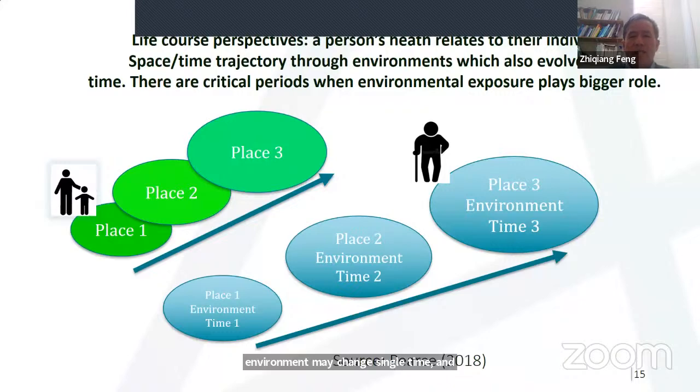And this environmental exposure at some particular key period may be more important compared to others. So we call it a critical period. And also environmental exposure may be cumulative.